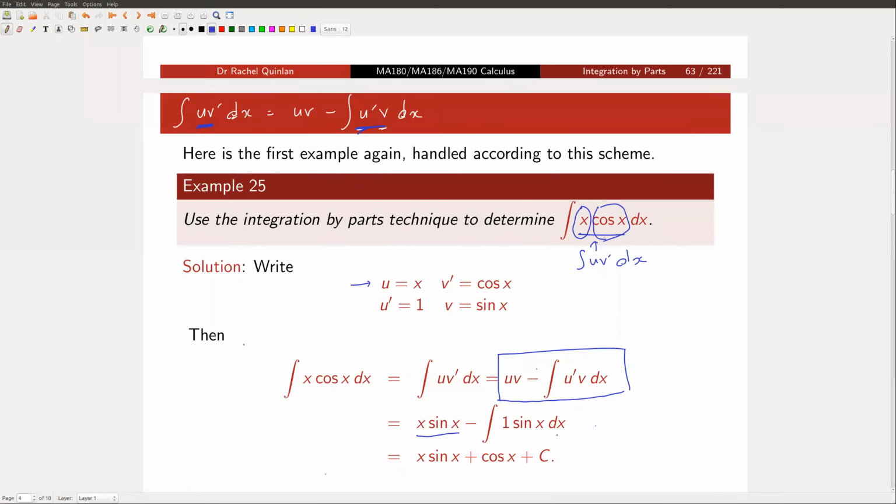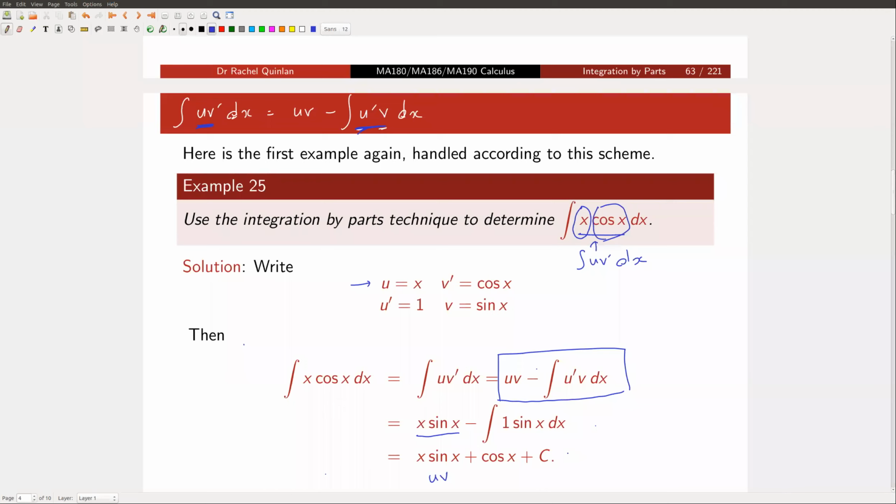And that's good, because we know an antiderivative for sine x is minus cosine x. So this is x sine x, which is the uv part, minus minus cosine x, and then plus a constant of integration, of course, which is always a part of our solution to any indefinite integration problem.